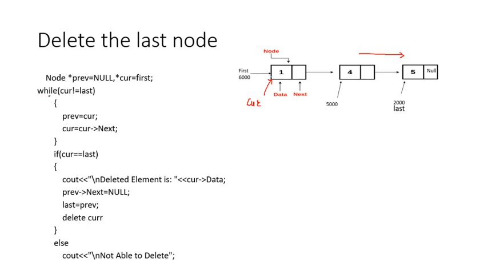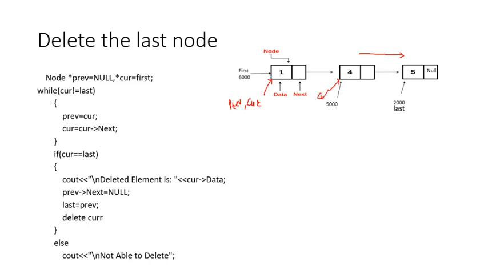While current is not equal to last: current is pointing over here, whereas last is pointing to this node. So prev will point to this node, and current is incremented: current is equal to current arrow next, so current will start pointing to this node.